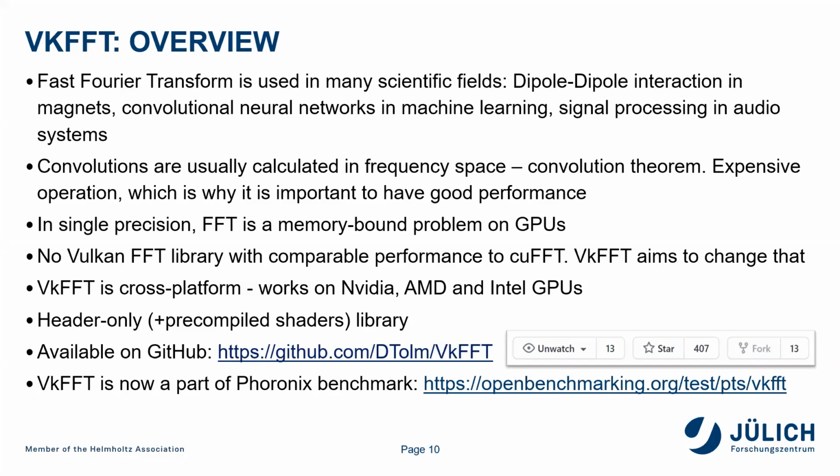So it's a really important library, and there was no good library in Vulkan for fast Fourier transforms. I mainly used it for convolutions via the convolution theorem, which turns a convolution into a multiplication in frequency space. And in single precision, the fast Fourier transform is a memory-bound problem on GPUs, which we will also cover later.